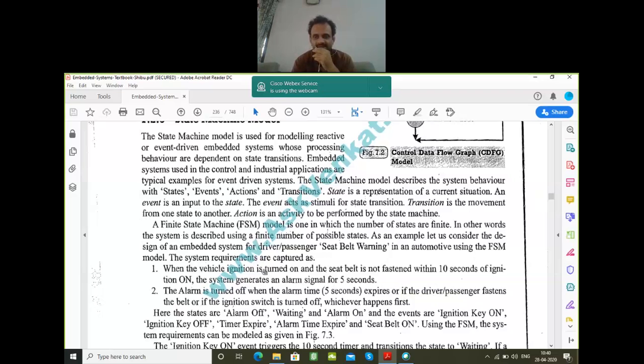When the ignition or the vehicle is turned on, and if the seat belt is not fastened or worn within 10 seconds of the start of the engine, then an alarm signal will be generated for 5 seconds. That means if you are not wearing the seat belt within 10 seconds after the car was on, the warning system will produce a sound. It will produce a horn for 5 seconds.